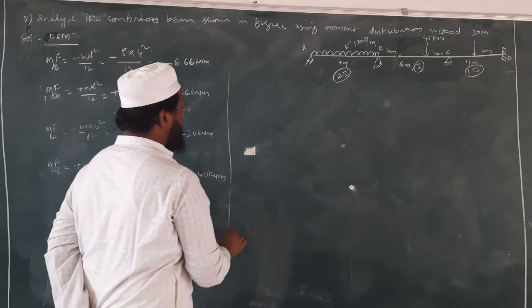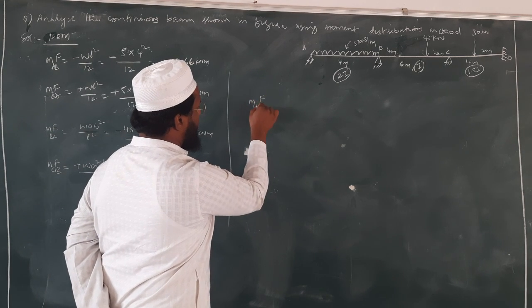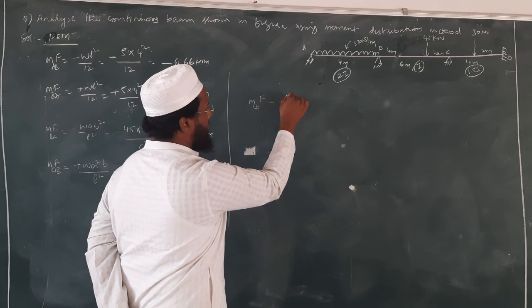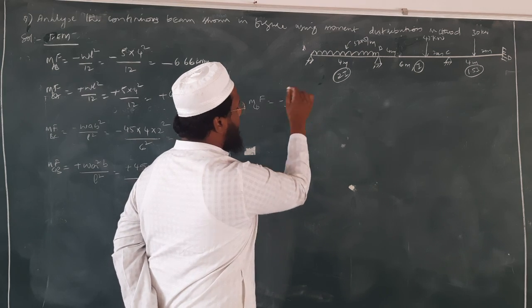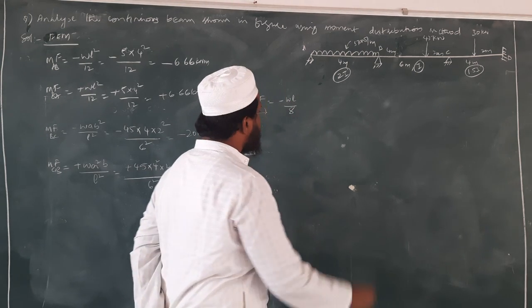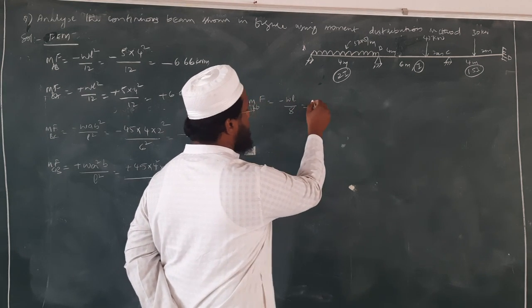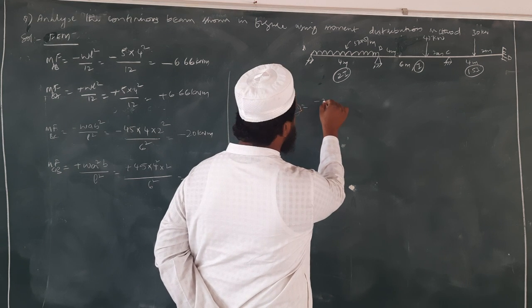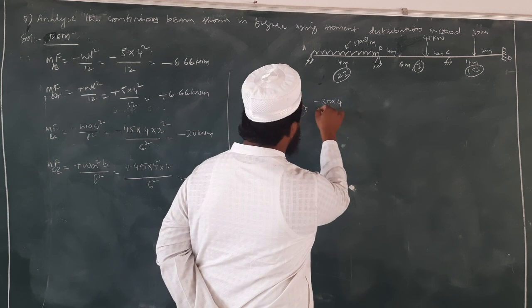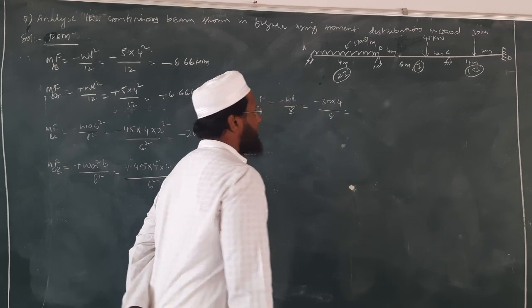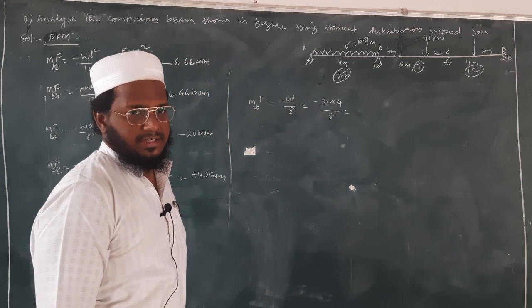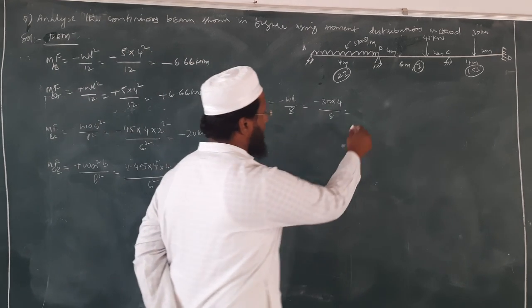Okay. MF CD is equal to how much? Minus WL by 8, central point load. So minus 30 into 4 divided by 8. How much? 4 3s are 12. 120 by 8. 15.